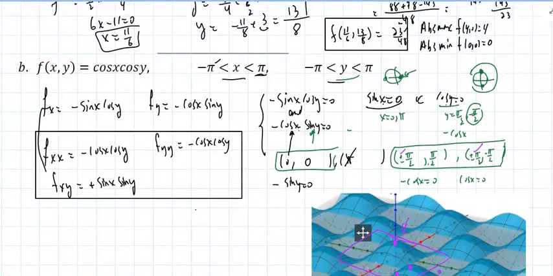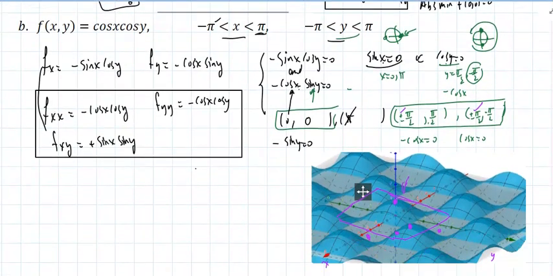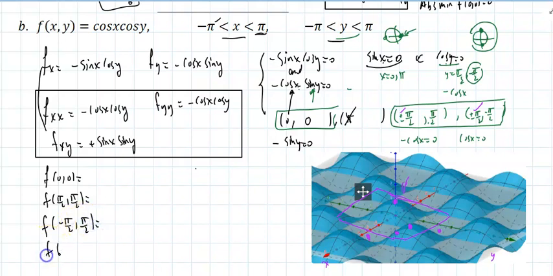Now, you don't need the graph. All you need to figure out is, I have 5 critical numbers. Figure out f of 0, 0. Figure out f of pi over 2, pi over 2. F of negative pi over 2, pi over 2. F of pi over 2, negative pi over 2.